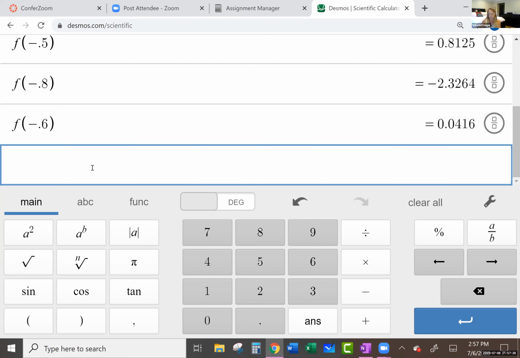So how about -0.7? -0.7 is negative. -0.6 is positive. So it has to fall in between both of these. How about -0.65?